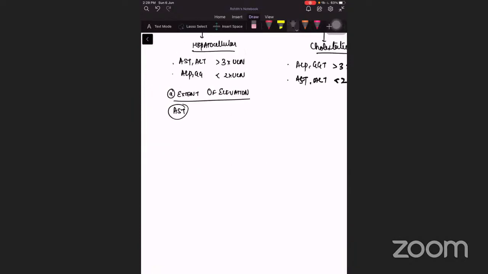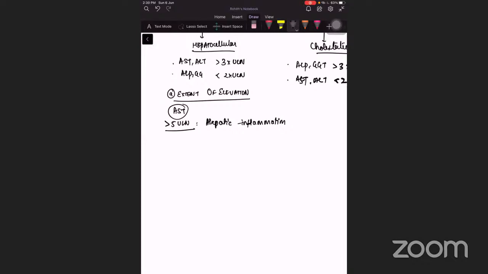So you can get a moderate elevation of AST, greater than 5 times the upper limit of normal. You can get it in hepatic conditions, mainly inflammation. So it is very non-specific, and it will not give us any clue to the cause of why it is elevated.